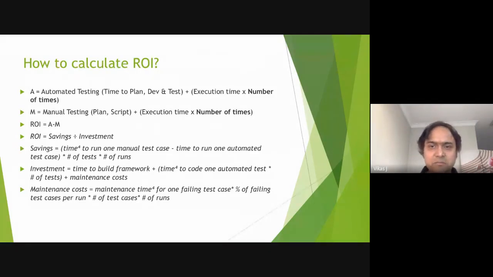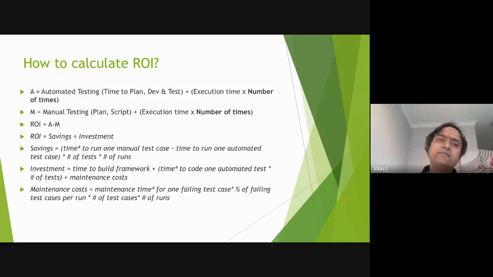But is it that simple? If you search online for test automation ROI, this is the formula that every other website is going to show you. But is it that simple? Another question that I can ask is, how do I estimate the effort in the first place? I know as experienced automation testers, maybe we can put certain estimates, but how can I be so sure that it's going to be correct?